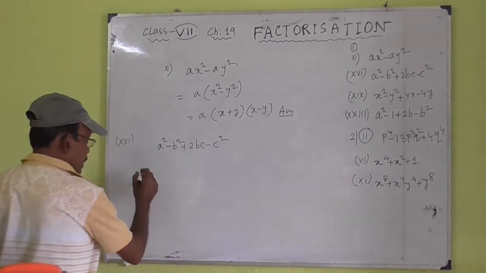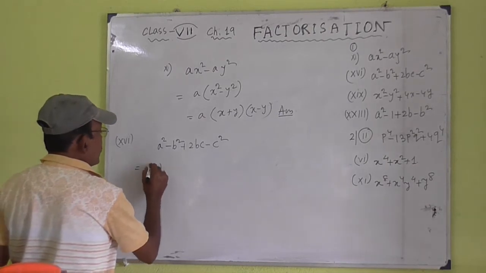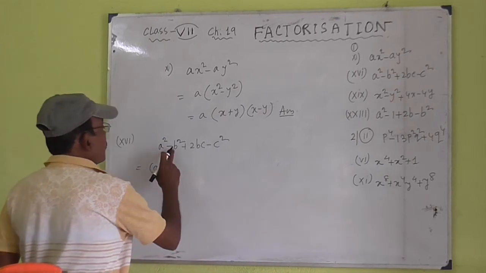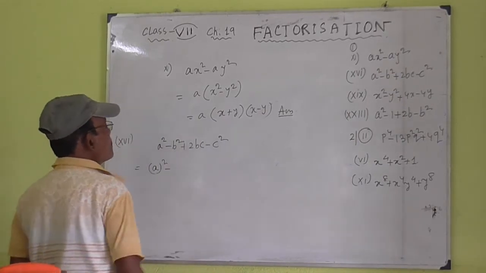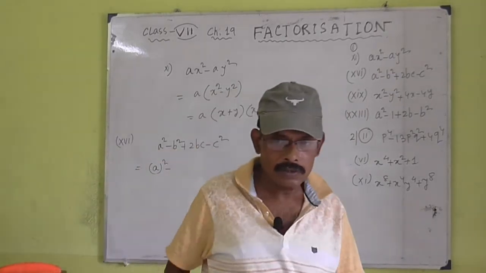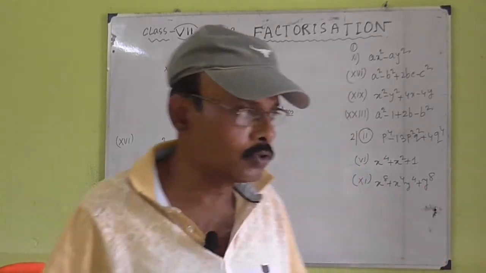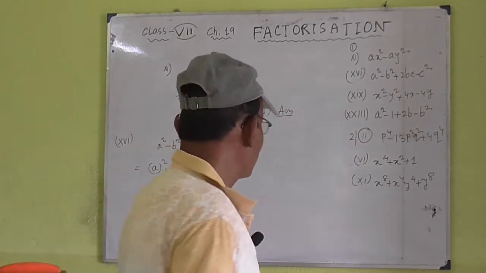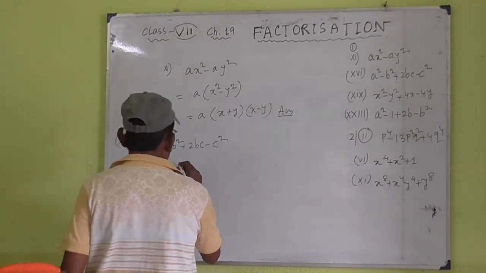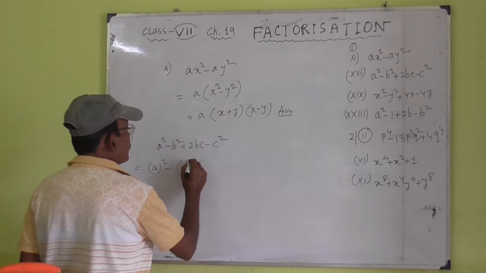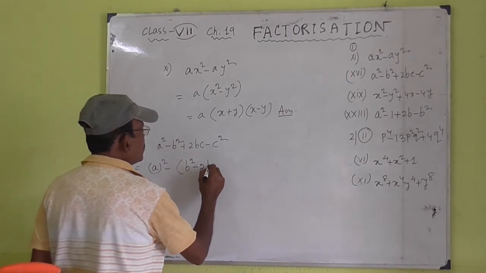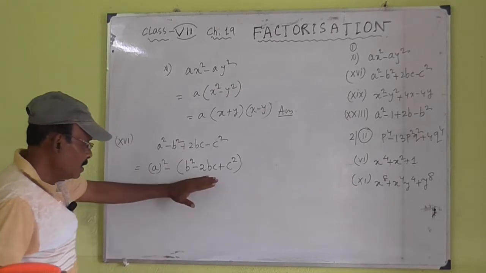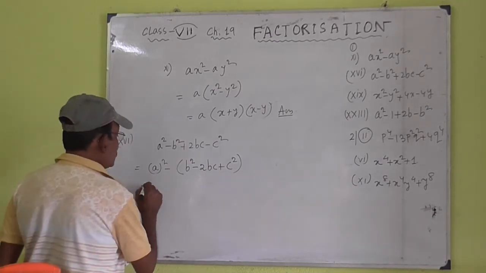Look at the sum: a square minus, this b square plus 2bc minus c square does not belong to the formula a minus b whole square, so we must use a bracket. b square minus 2bc plus c square. This is the formula of a minus b whole square.